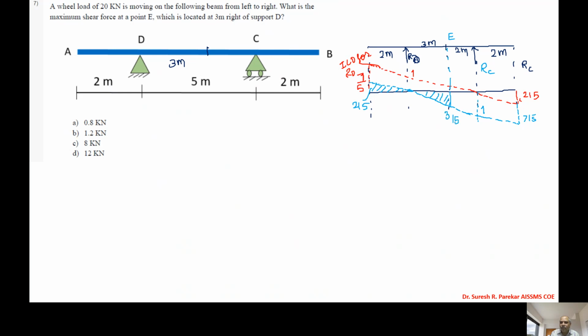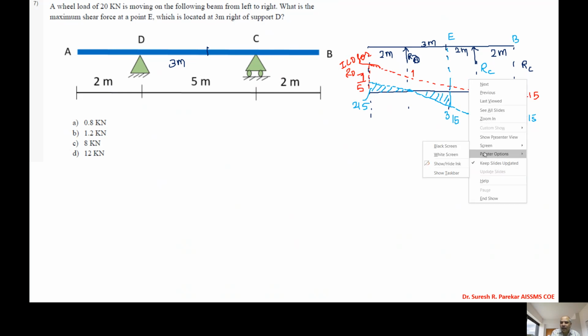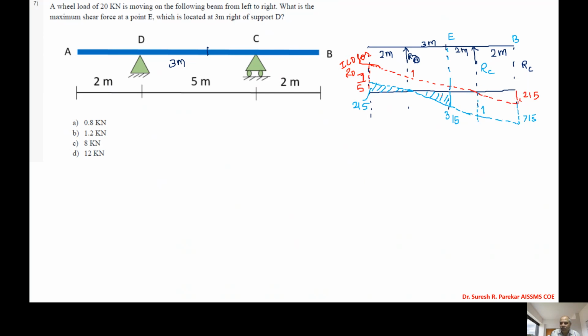And when the unit load is between E and B, I have this red, that is RD, and therefore we will go with this red portion, which is RD. So this portion I can say, and this is 2 by 5.